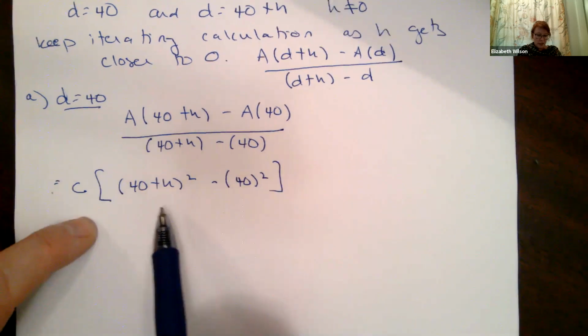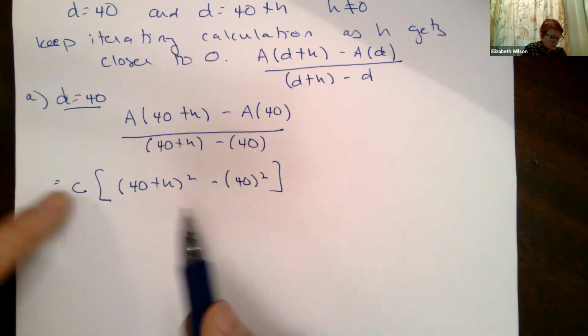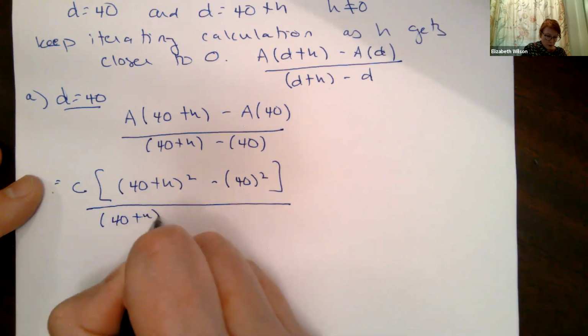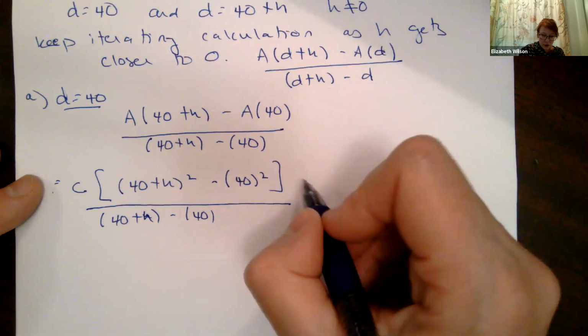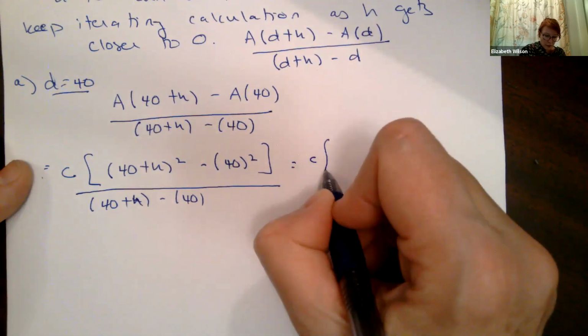So this would be C times 40 plus h squared minus C times 40 squared, and that's all over 40 plus h minus 40. The 40s are going to cancel here. I'm showing you all the steps just so you can see where all the algebra comes from. We'll start skipping steps later.